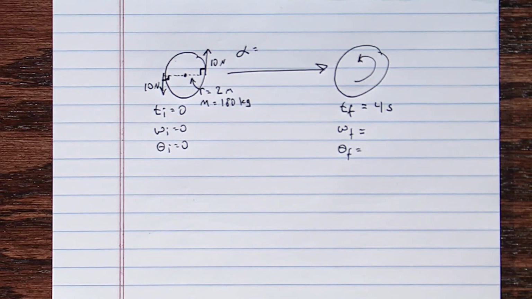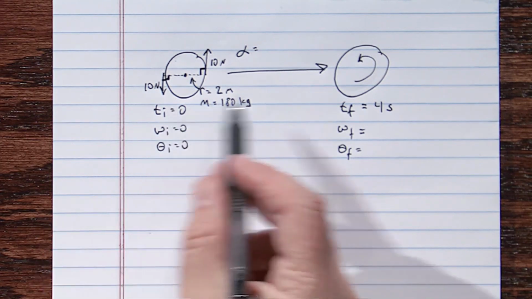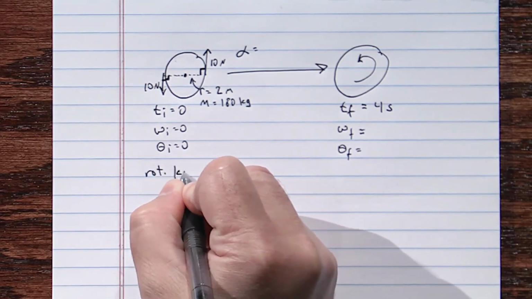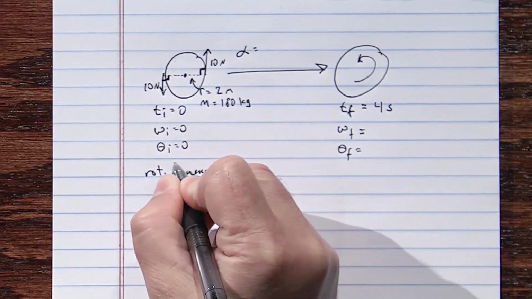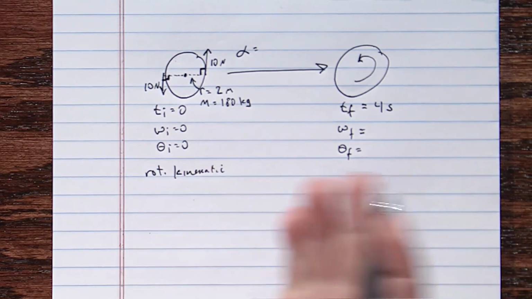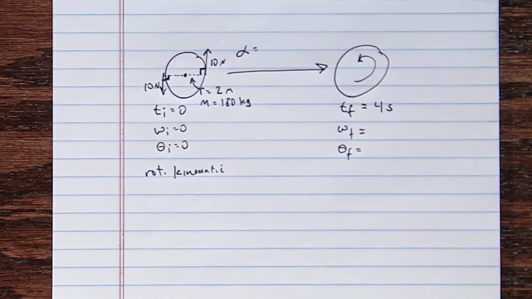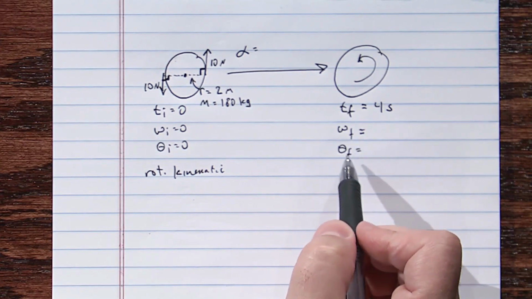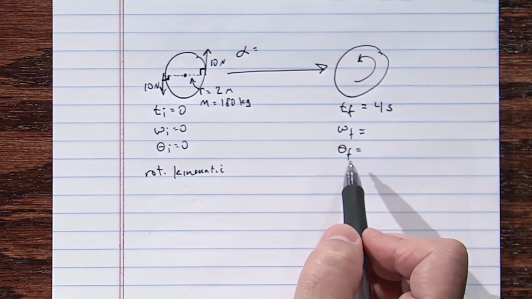And we have gotten everything that we can so far out of the statement of the question. We know that this is a rotational kinematic situation. We'll have to figure out what equation to use. We're looking for omega final, and we don't know theta final, and we don't need to know theta final.